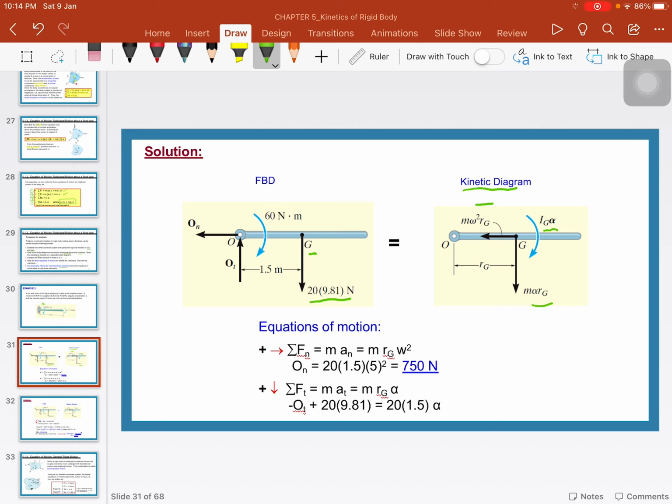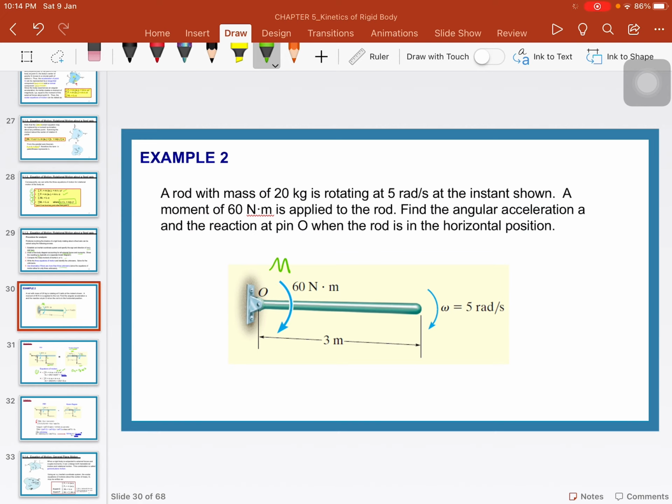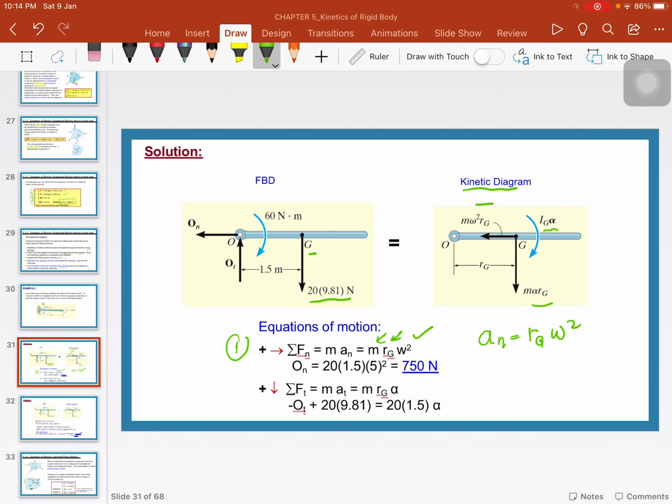The first one is the normal component equal to M AN. We know that AN equals RG omega squared. So M is 20, RG is the distance from the center of the rod to the fixed axis, 1.5, and omega is given in the question, in radians per second. Then you will get the answer for Fn.